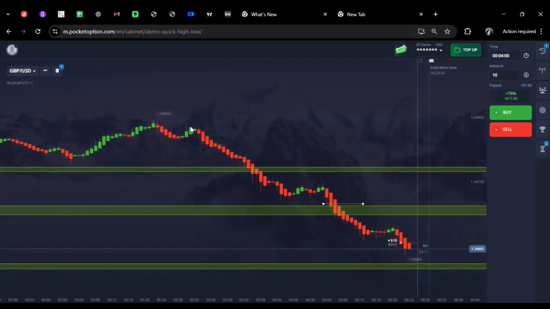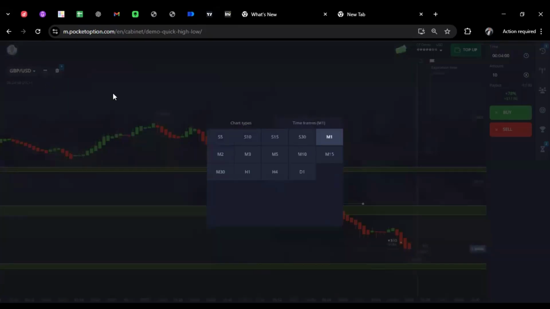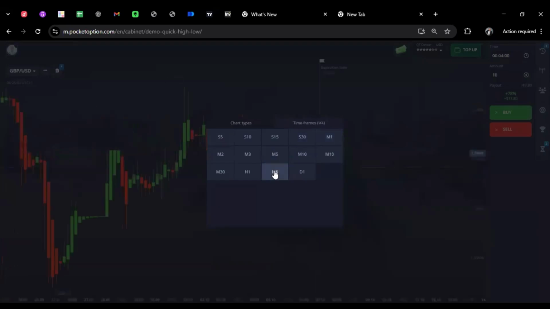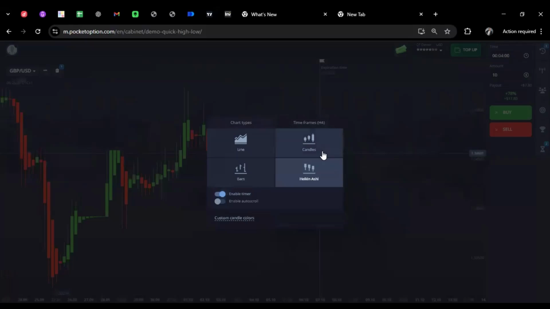Now let me just show you what I saw on my MT5. Let me take it back to normal 15 minutes, then perhaps a 4 hour time frame chart with normal candles.